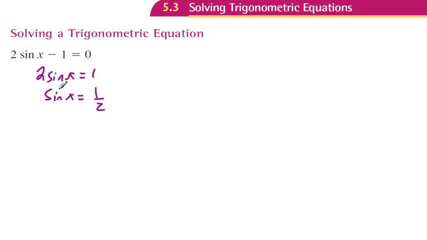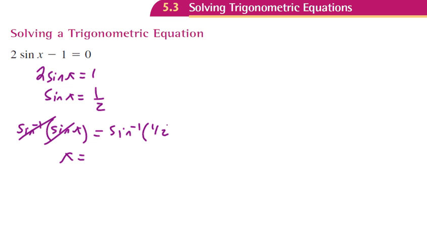All right, so sine of what equals 1/2? Now you could, on your calculator, take the sine inverse of both sides, and that's how you get rid of sine. You can do the sine inverse of sine of x, because we know that those cancel out, and then you just have x. That means you do sine inverse of 1/2.